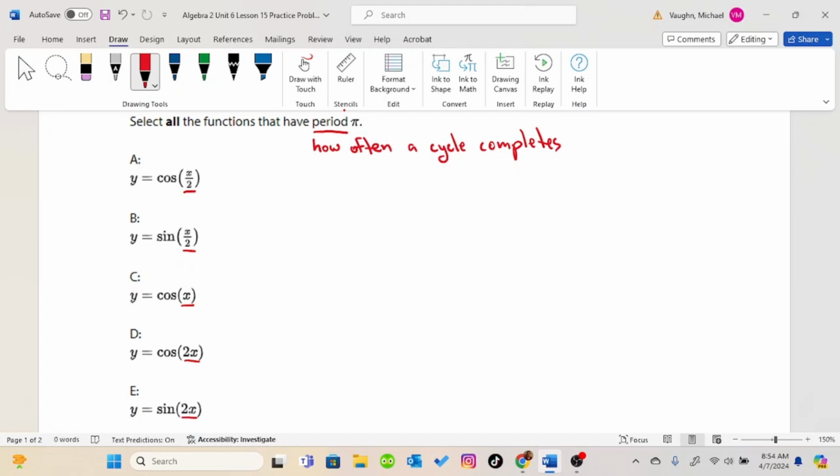So, if we look at A, this completes 1/2 cycle every 2 pi.